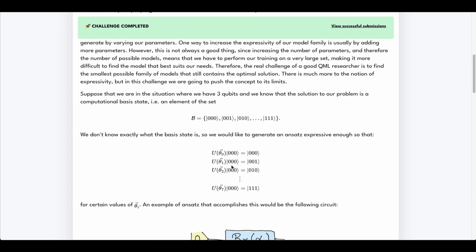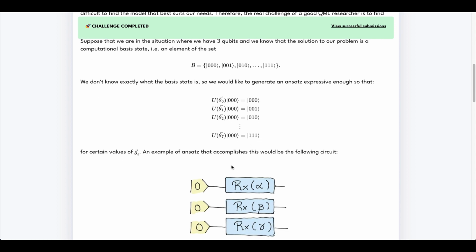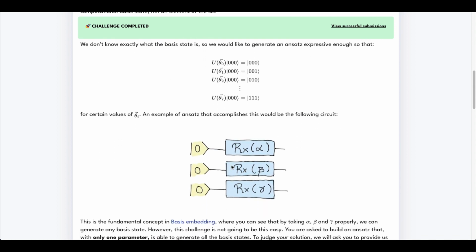And the way we could implement that ansatz to generate the state is, for example, by using rotation gates with 3 different angles, right? Alpha, beta, and gamma. So if we implement an ansatz like this, where we can modify these angles, if we put angles of alpha, beta, and gamma equal to 0, that generates state 0, 0, 0, right?